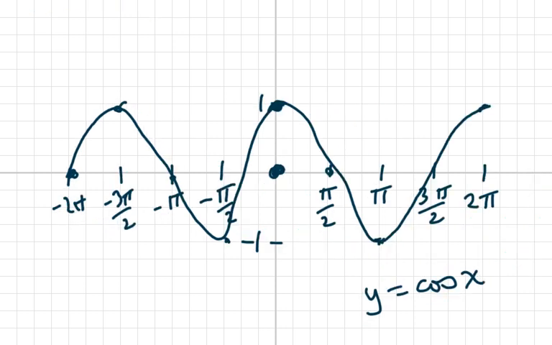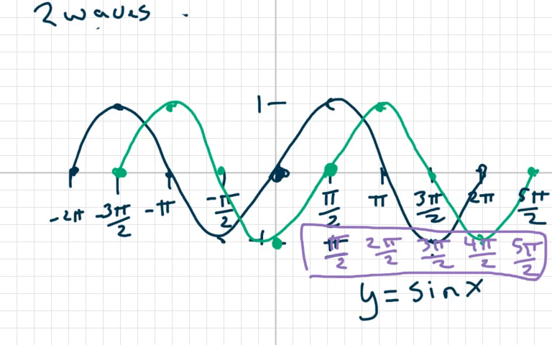For cosine, I took the liberty and drew the parent. This was y equals sine of (x minus pi over 2). It's just like the horizontal shifts you did in Algebra 2 with other functions.